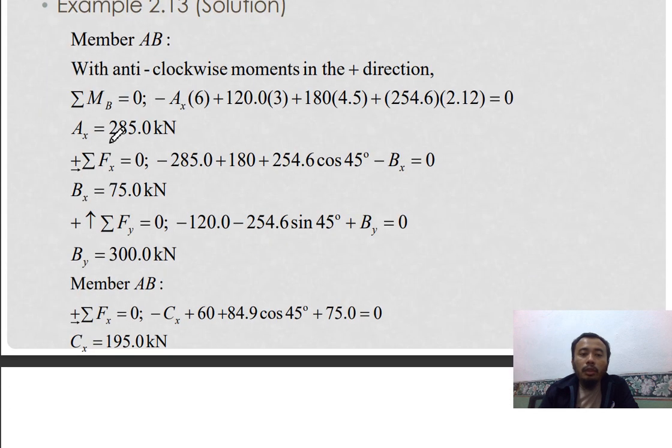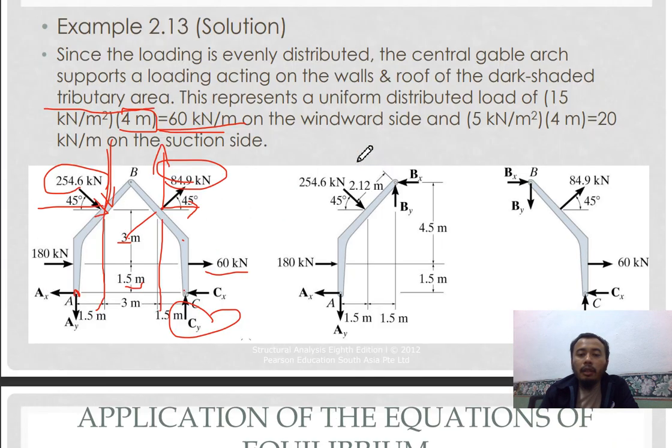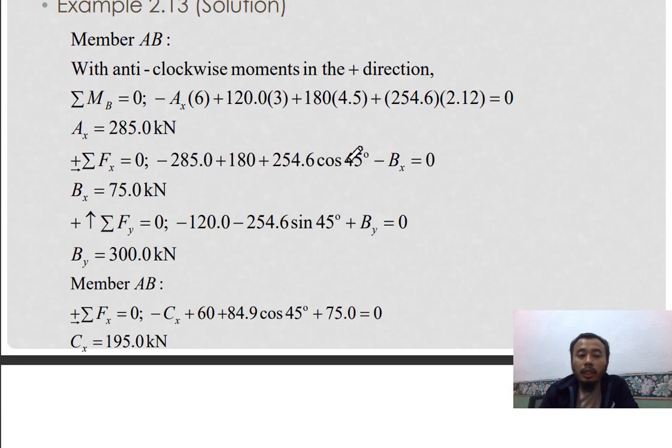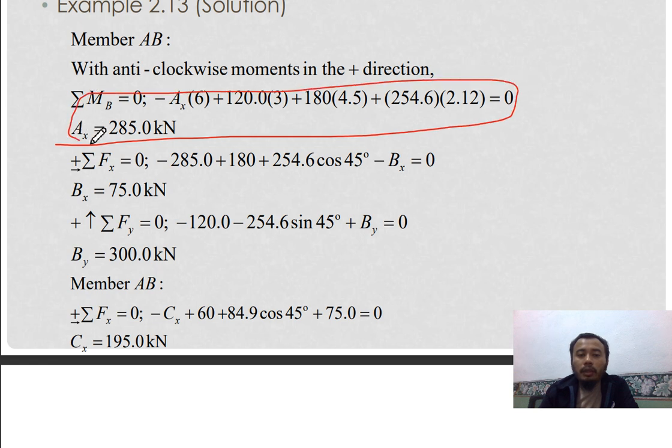Next, we continue with member AB, to resolve for B, the values of BY and BX. So resolve moment here, which is also similar. AX is negative because it is clockwise. And then 120 times 3 meters.